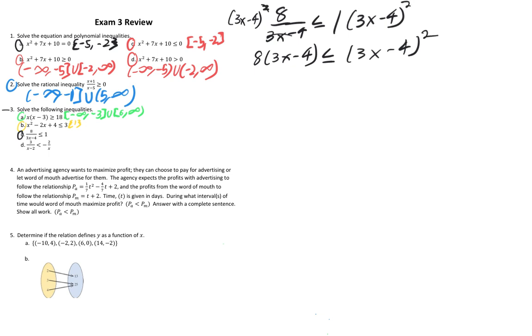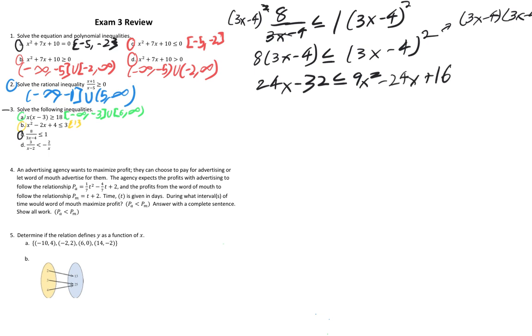That is a square. So in our left side, we're going to have 24x minus 32 is less than or equal to. We're going to FOIL this out because it's the same as writing 3x minus 4 times 3x minus 4. That's going to leave us with 9x squared minus 24x plus 16.